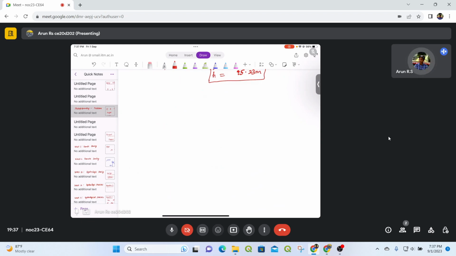And the next concept is related to the number of photographs required.